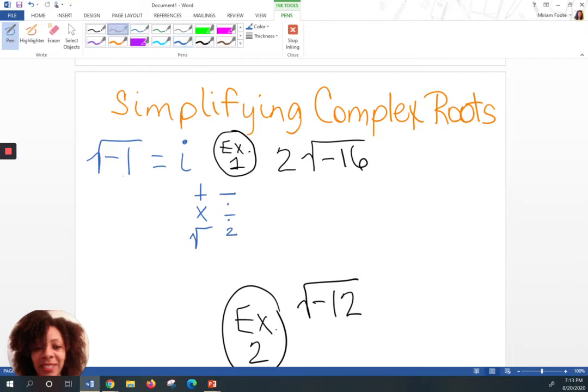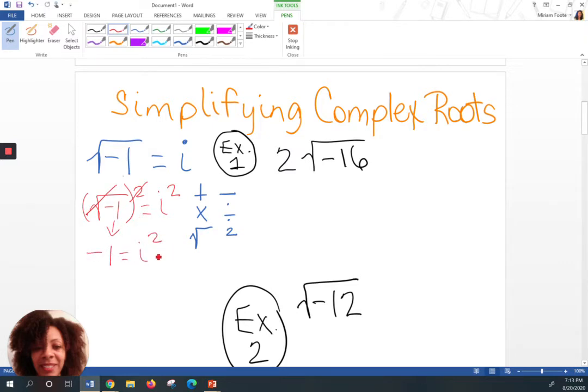I want to take the square of the square root of -1. What I do to one side, I have to do to the other. And what that does is this square gets rid of that square root. So now what's left over is what's under the radical, which is -1 equals i squared.